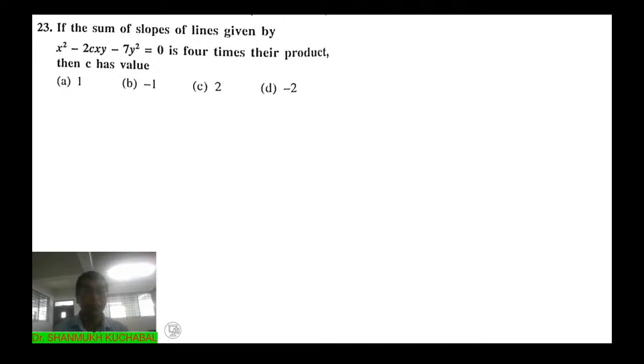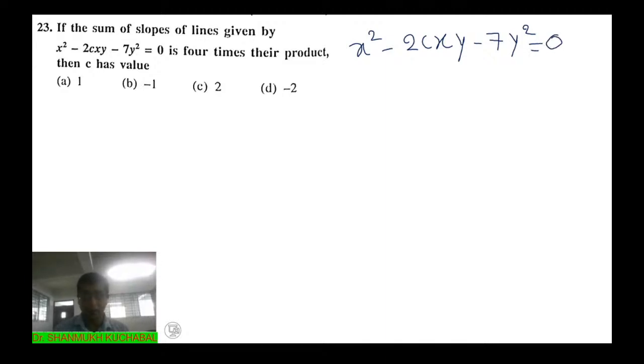If the sum of slopes of lines given by x square minus 2cxy minus 7y square equal to 0 is 4 times their product, then c has values. Okay, so first we'll write the equation: x square minus 2cxy minus 7y square equal to 0.